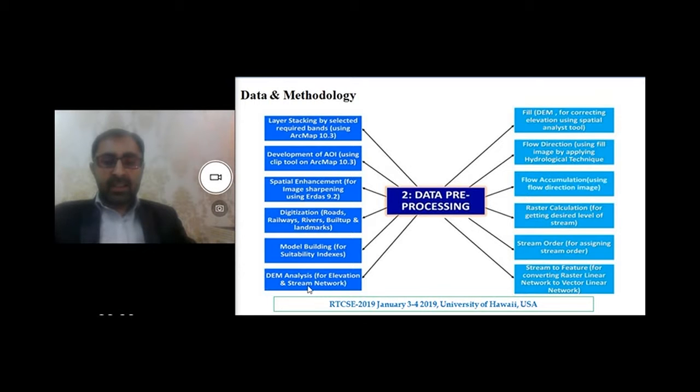Model building for the suitability indexes, and digital elevation model analysis for the elevation and the stream network.